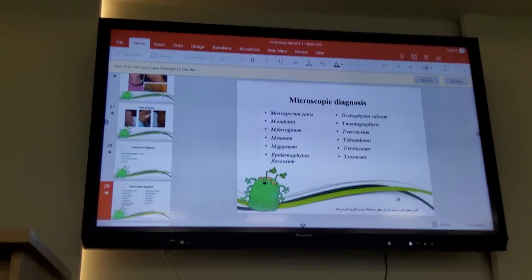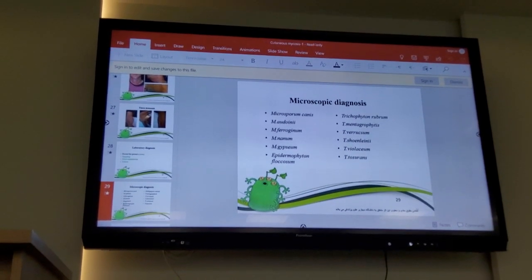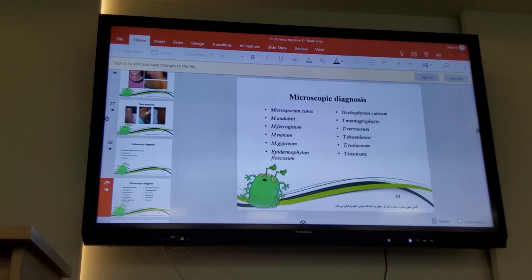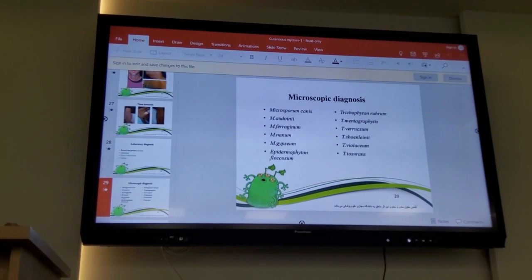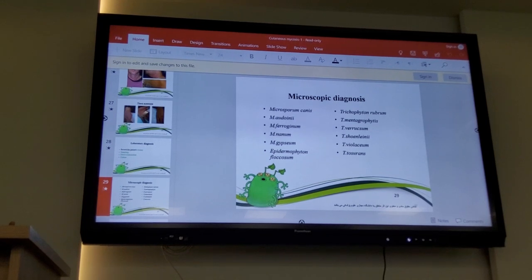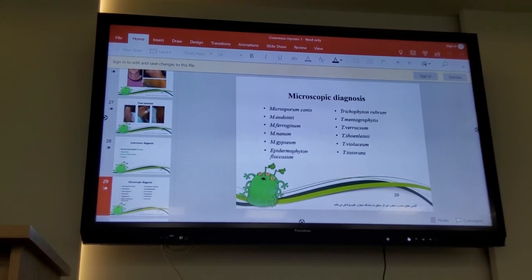You can find Microsporum canis on the skin of cats and dogs. Cats and dogs have these fungi in their hair, and direct or indirect contact with contaminated material leads to infection.